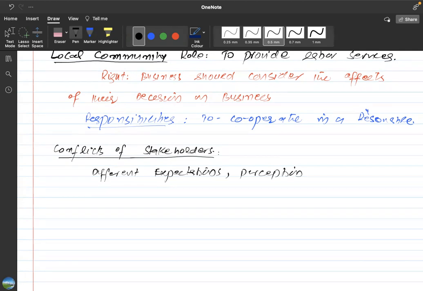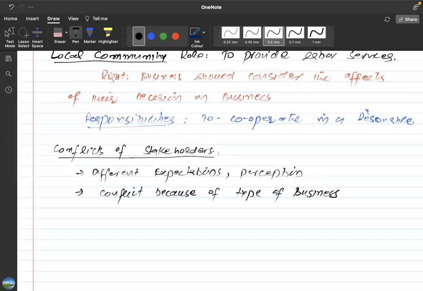Another conflict among the stakeholders might arise because of the type of the business. We have earlier studied that there are different types of businesses like partnerships.